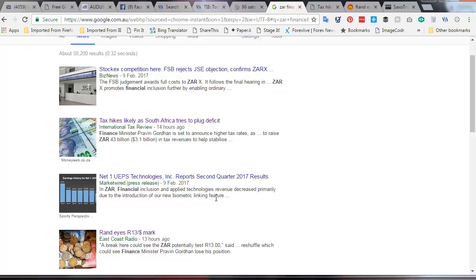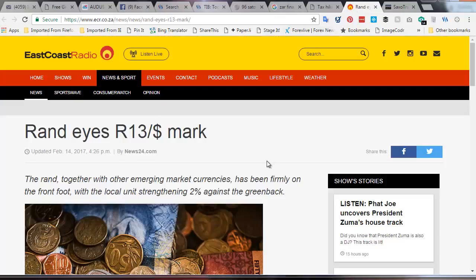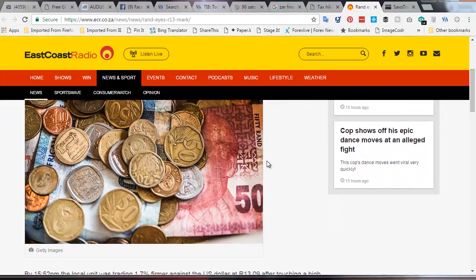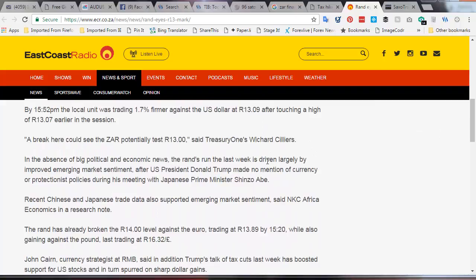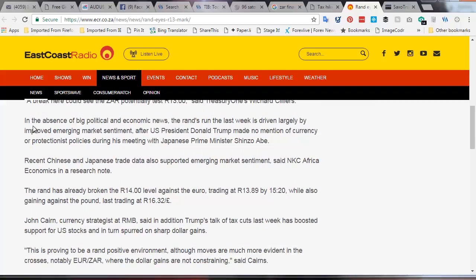These other articles were specific to stock market activity. So if we go to the Rand eyes the 13 Rand mark, basically it talks about what the charts are going to do, and it says, in the absence of big political and economic news, the Rand's run the last week is driven largely by improved emerging market sentiment.